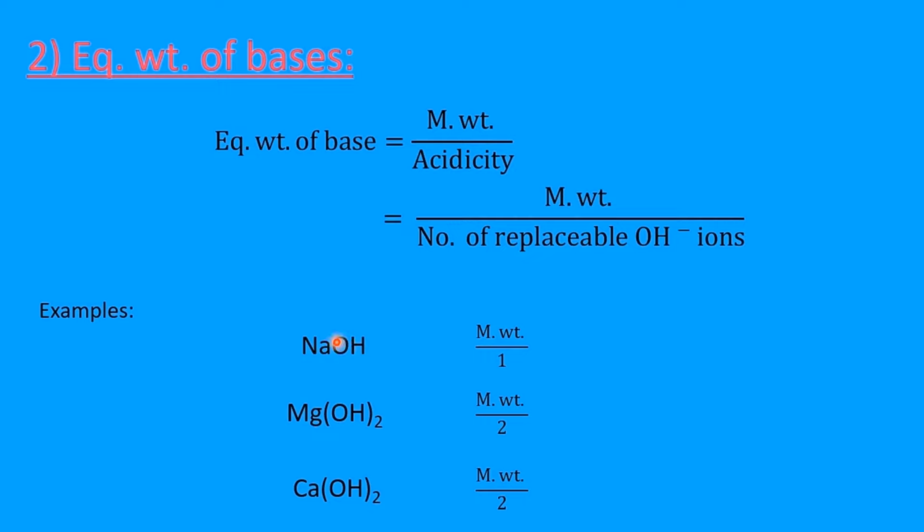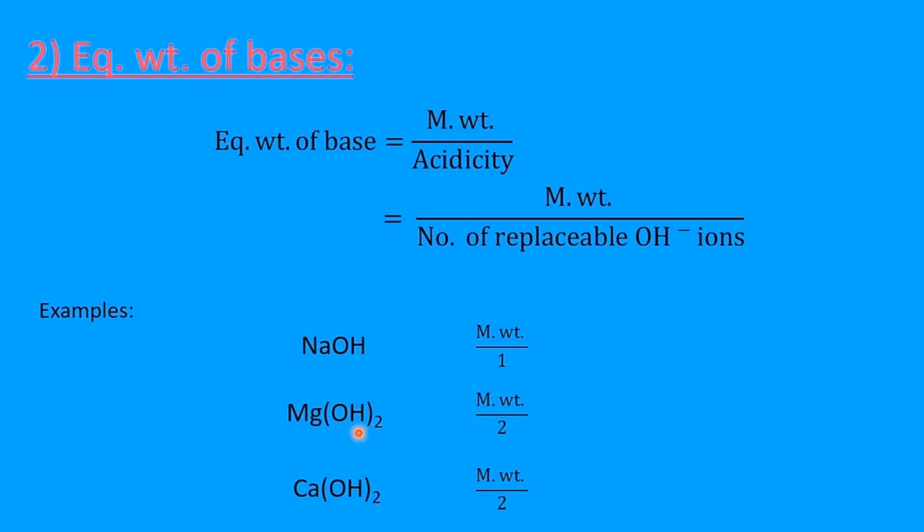NaCl. It means the OH is substituted by the chlorine atom here. So what is the equivalent weight here? 1, because NaOH can give one product, NaCl. If Mg(OH)2 reacts with HCl, what happens?